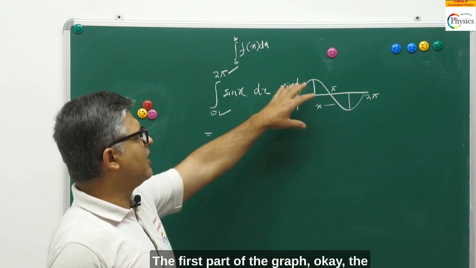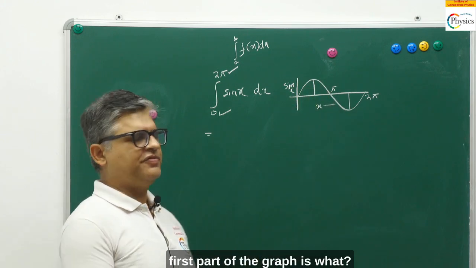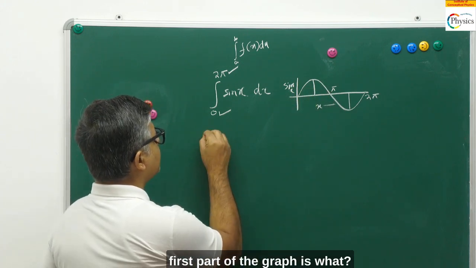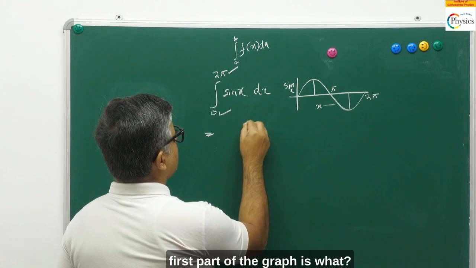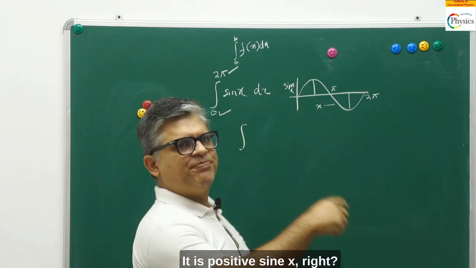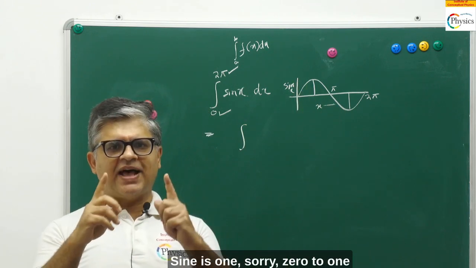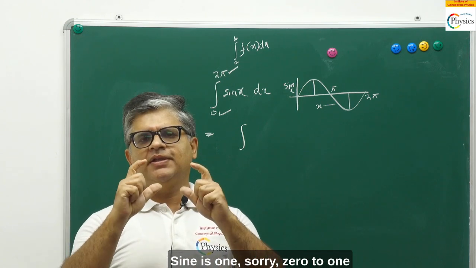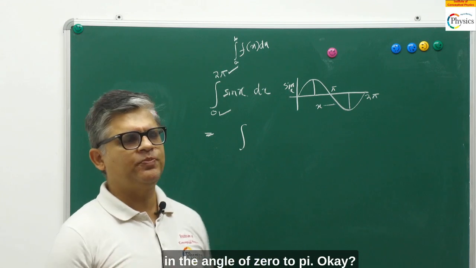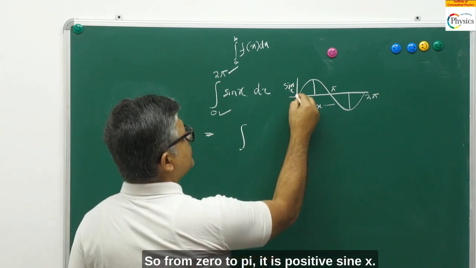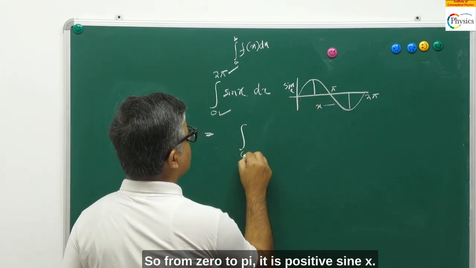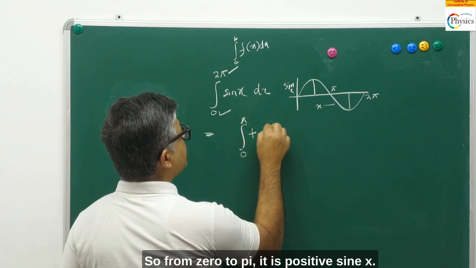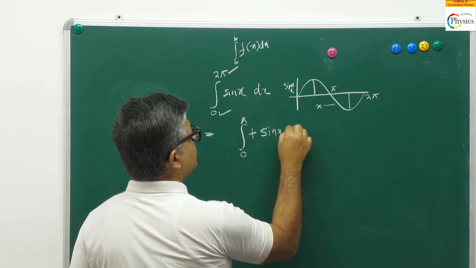The first part of the graph is positive sine x. Sine goes from 0 to 1 in the angle of 0 to 2 pi, okay? So from 0 to pi, it is positive sine x.